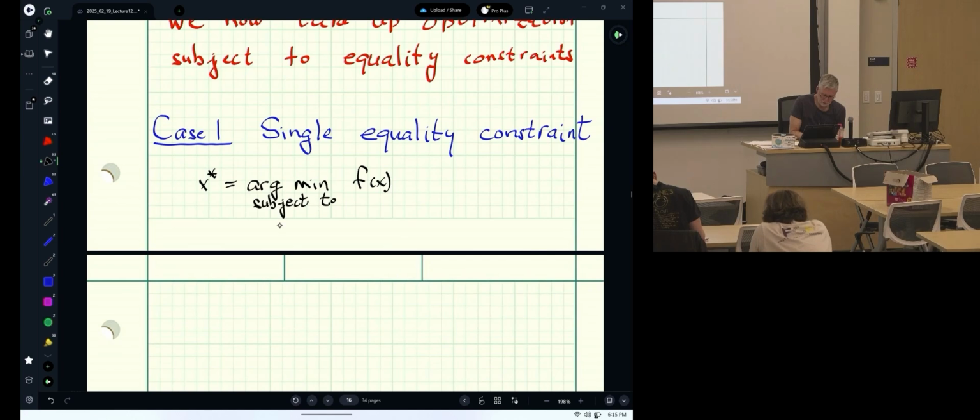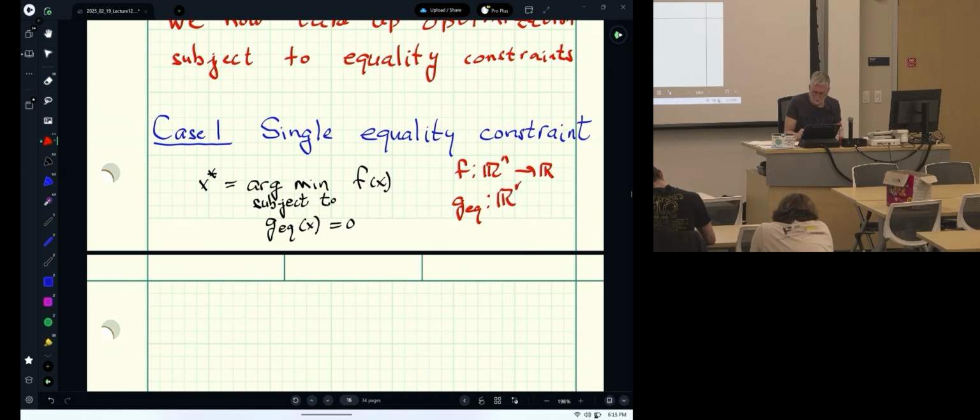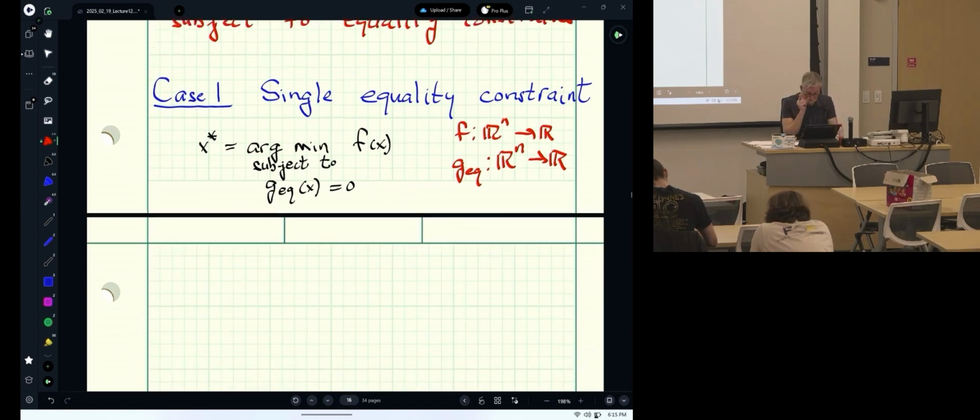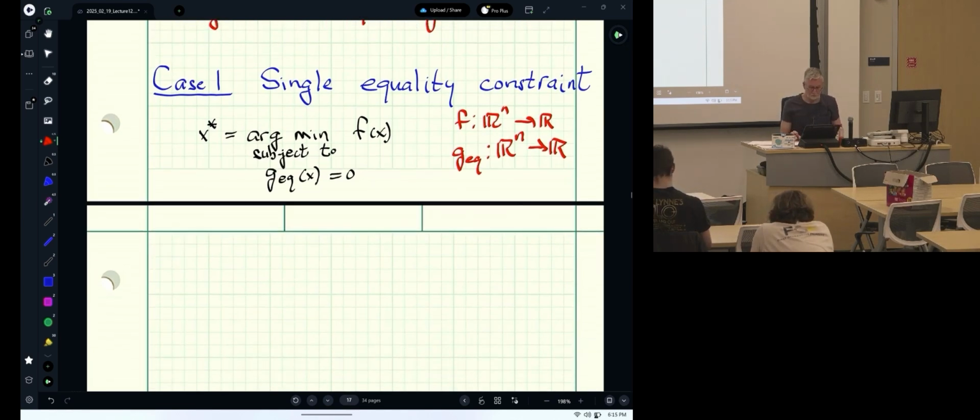But now we're going to impose that G equality is 0. F takes Rn to R, G equality takes Rn to R.